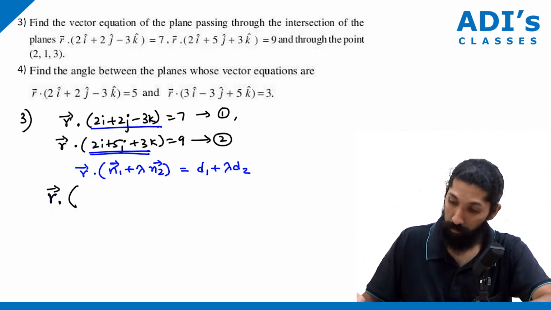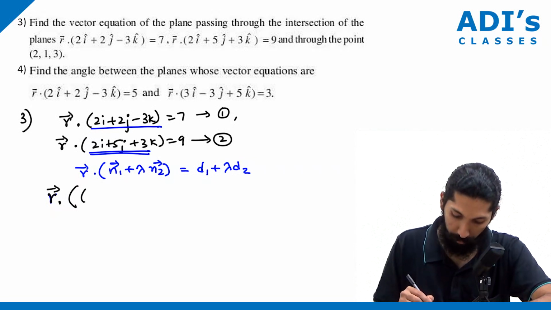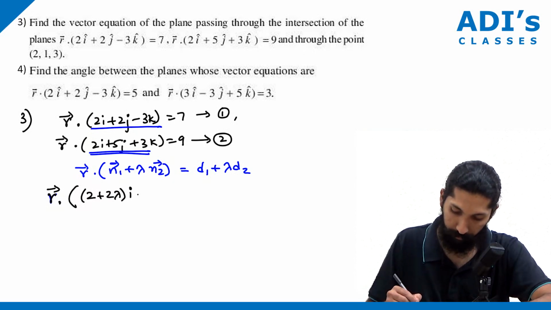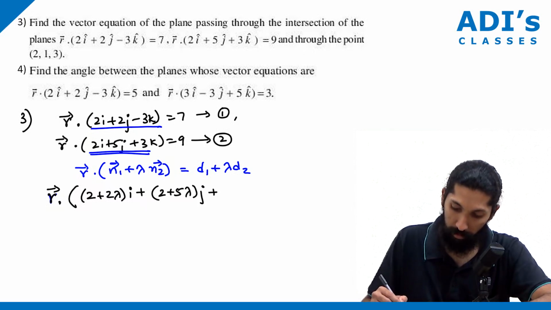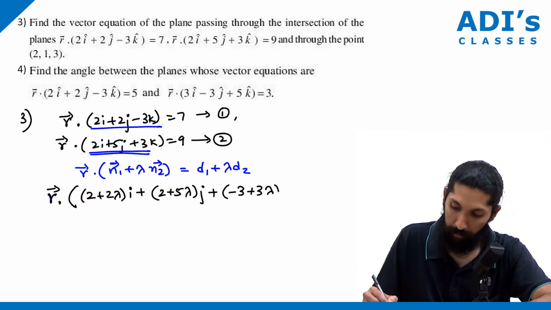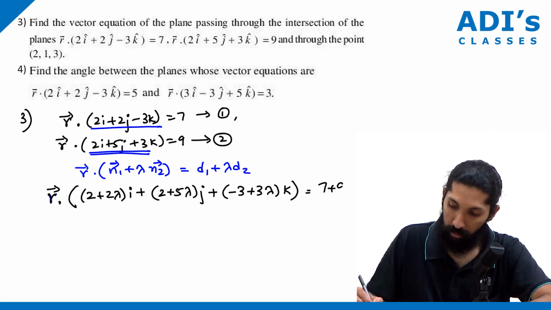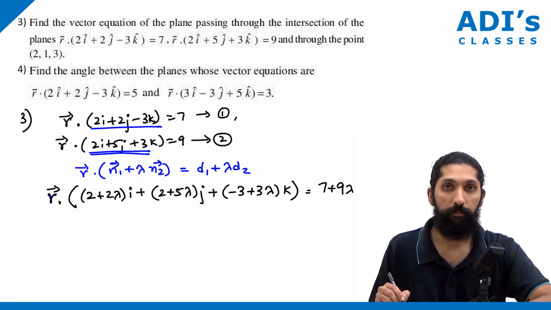Since we are doing that, we can write i into (2 plus 2 lambda) plus (2 plus 5 lambda) into j plus (minus 3 plus 3 lambda) into k is equal to 7 plus 9 lambda. This is what we have, correct?